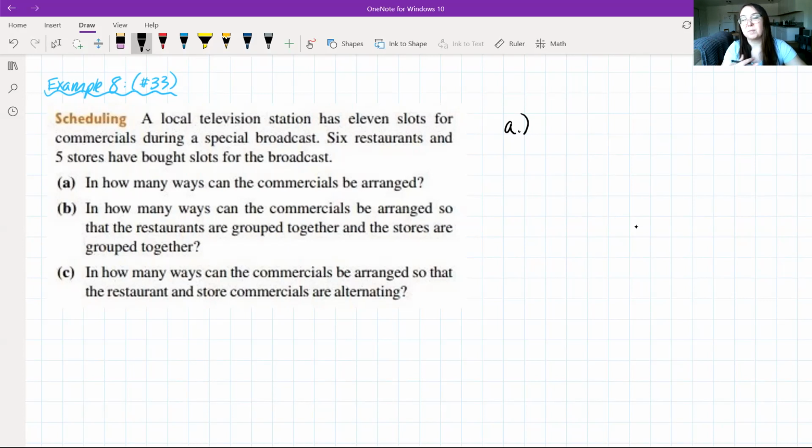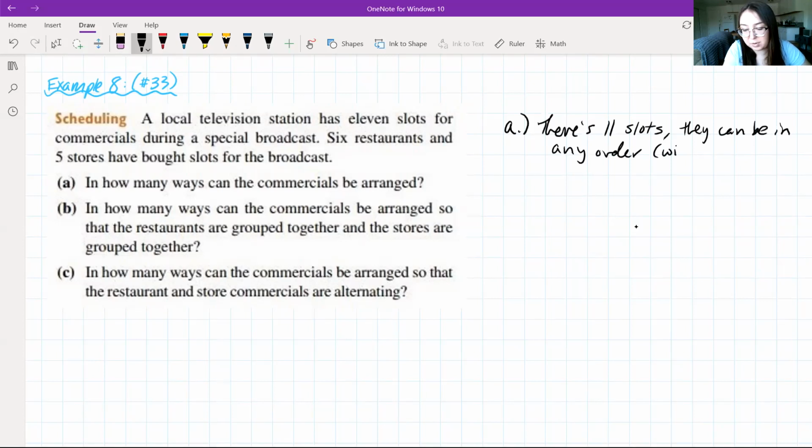So this can just be any real combination of the 6 restaurant commercials and the 5 store commercials that create 11 different commercial slots. So by logically thinking about this, we know there's 11 slots. They can be in any order, but we know without repetition.